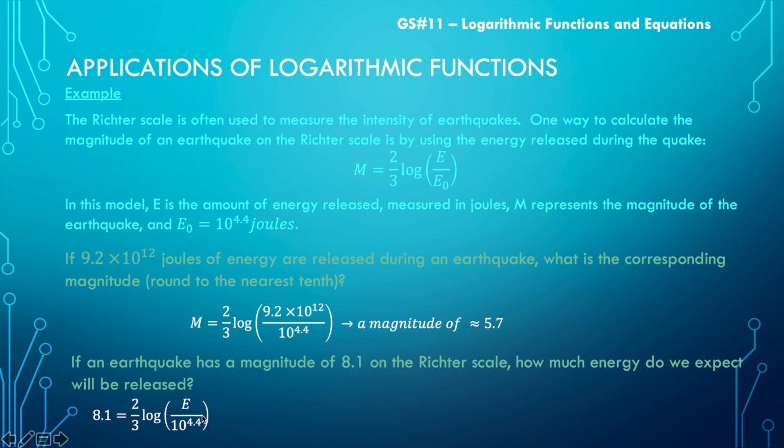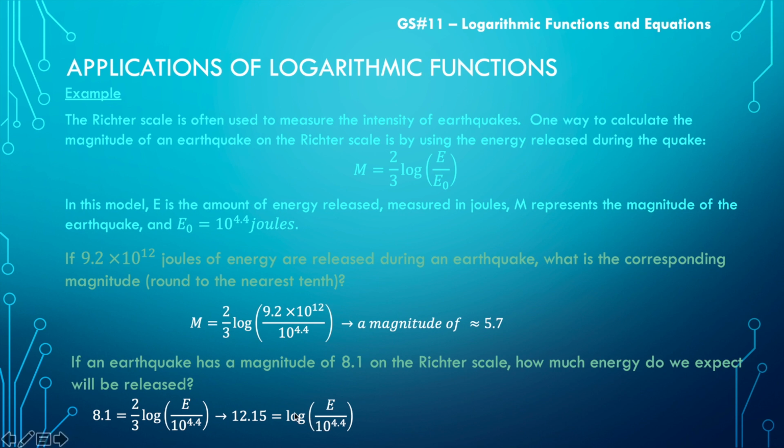Now, remember that if we're solving for E and we've got all this stuff around E, we need to get rid of all the stuff. And we're going to work from the outside in. So let's multiply both sides of the equation by 3/2. And when we do that, we get 12.15 is equal to the log of E divided by 10 raised to the 4.4.